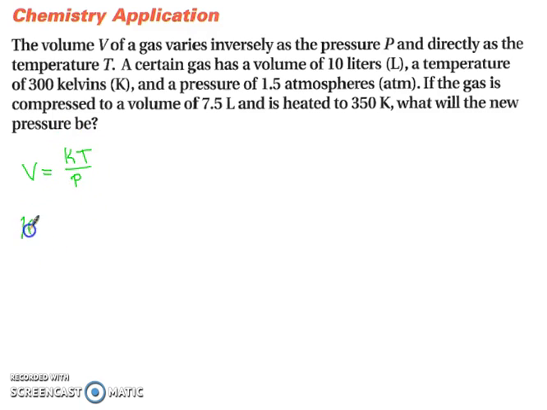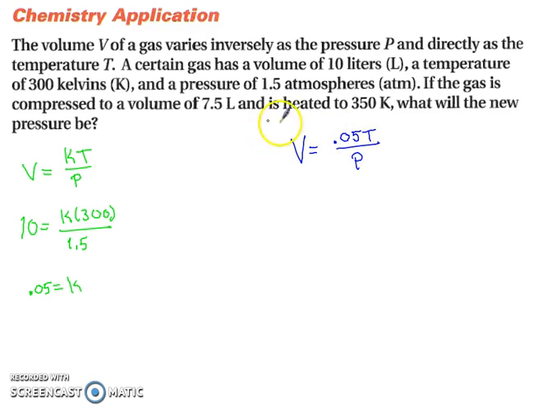So in this case, we have 10 equals K times 300 divided by 1.5. And when we solve for K, we get 0.05 equals K. Substitute that back in.